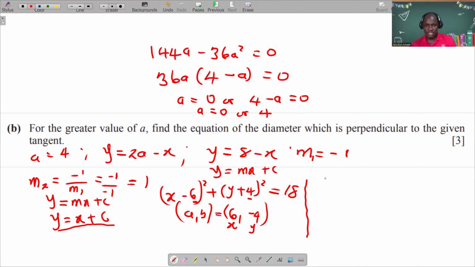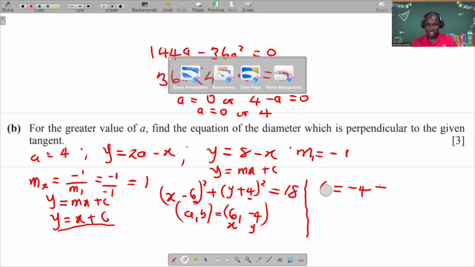Our y there is -4, because our x is 6, plus c.